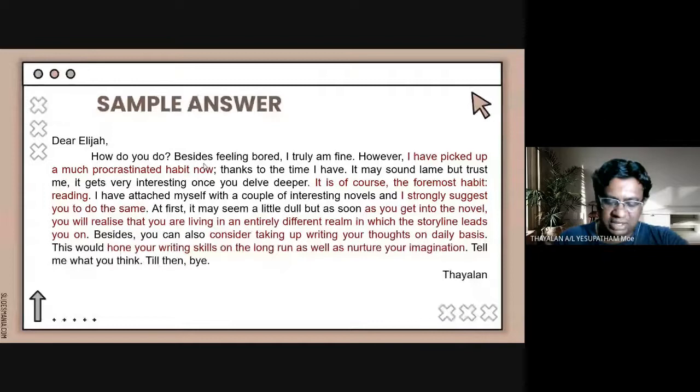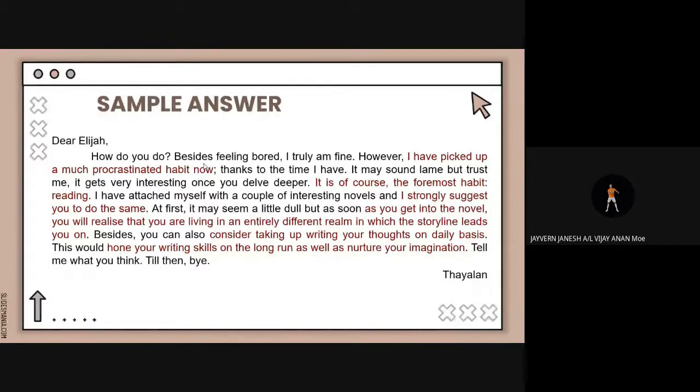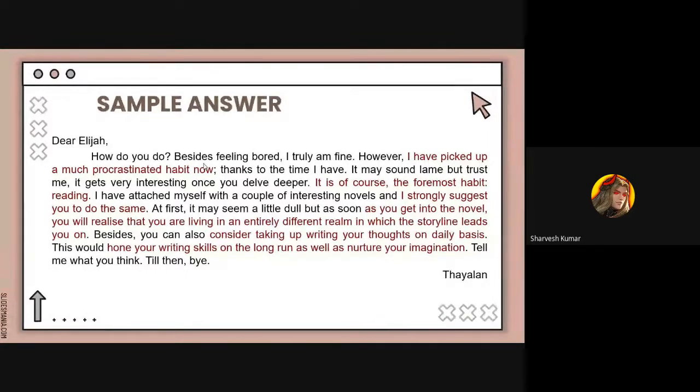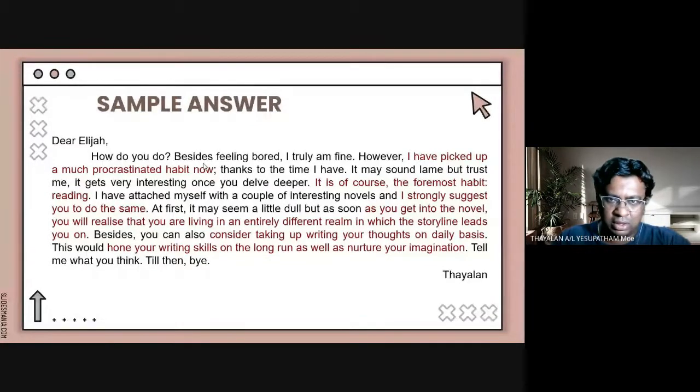Now, Sachindran, can you read? I'm not hearing anything from Sachindran. How about Nitesh? Can you read, Nitesh? He's saying that he doesn't have a mic. Who is the one talking just now? Charvish Kumar. Okay, can you please read, Sharvish?